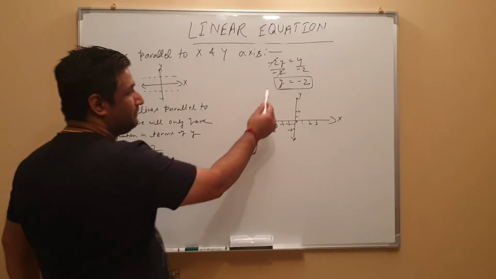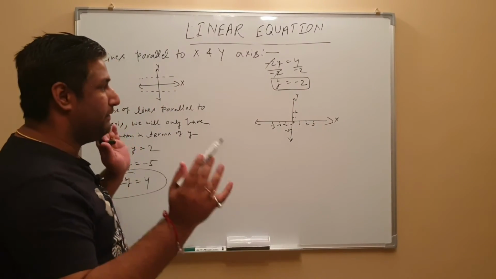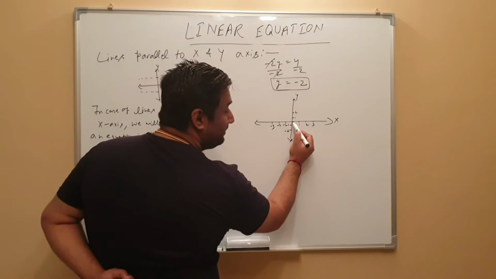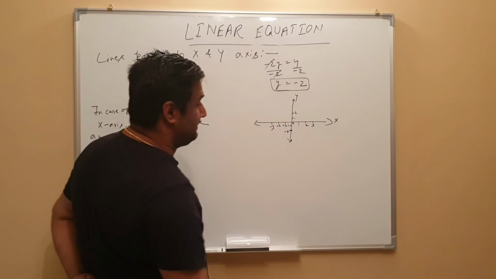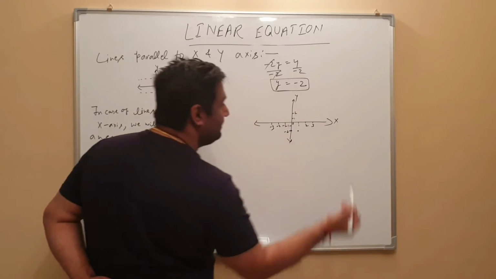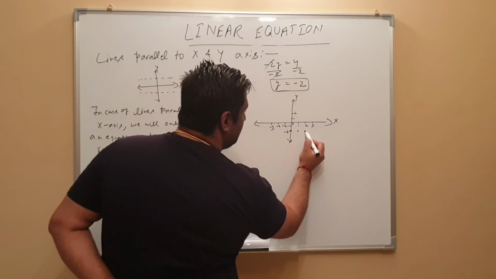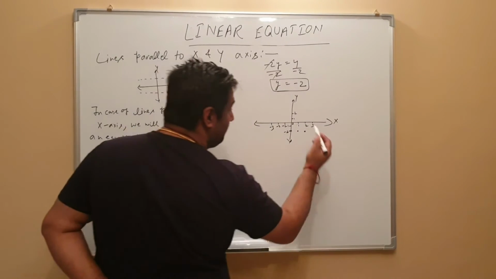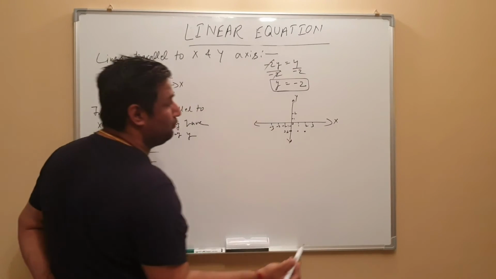Now the solution we have is y equals -2 at whatever value of x. Even if the value of x is 0, we'll have y as -2. Even if the value of x is 1, we'll have y as -2. Even if the value of x is 2, we'll have y as -2. Even if the value of x is -1, we'll have y as -2 only.